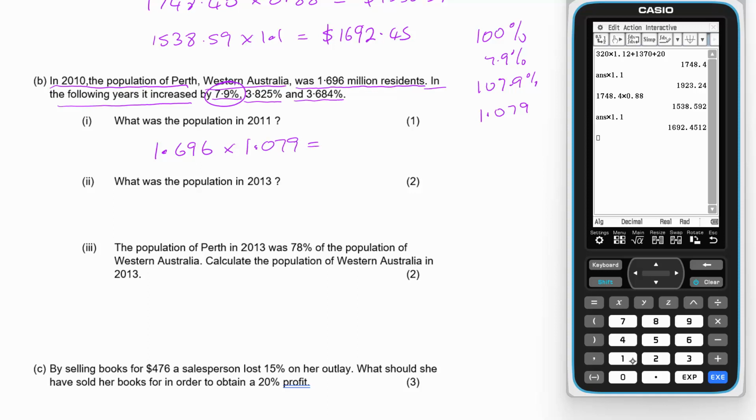And so 1.696 times 1.079, that's 1.829984 million.